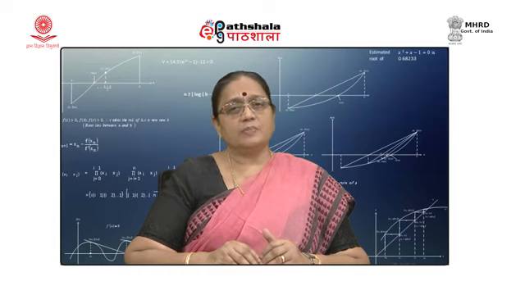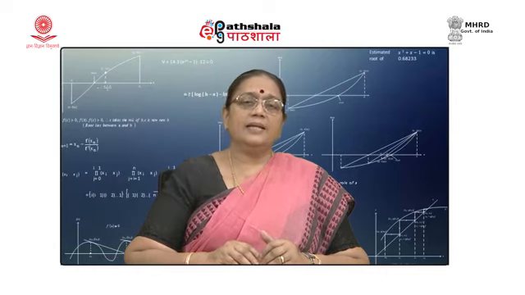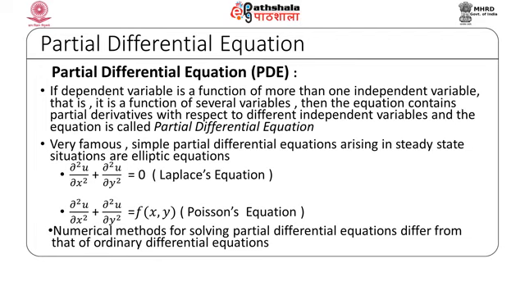There are very famous partial differential equations which are known as elliptic equations, namely the Laplace differential equation and the Poisson differential equation. See, the Laplace equation is curly 2 u by curly x2 plus curly 2 u by curly y2 equal to 0. So, how is curly 2 u by curly x2 derived? u is a function of x and y.